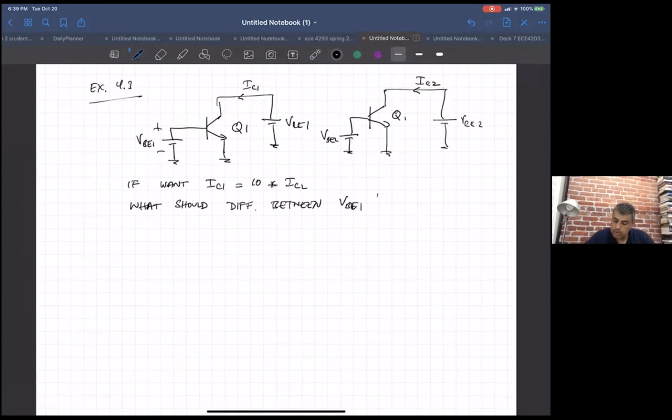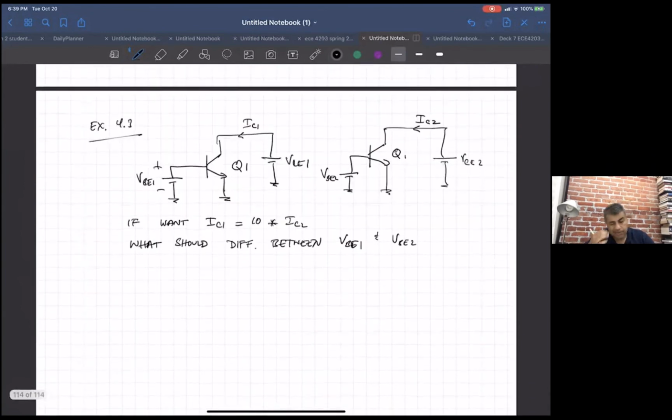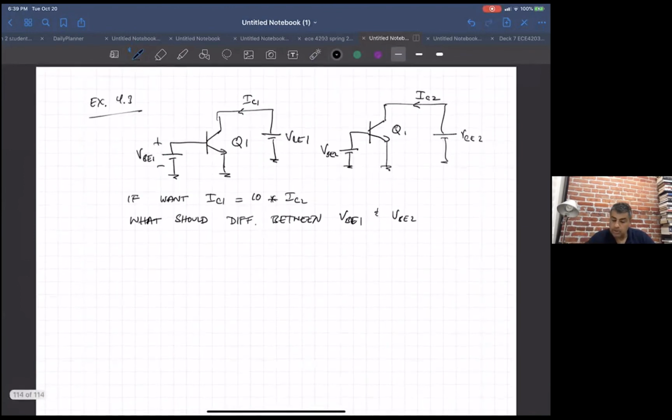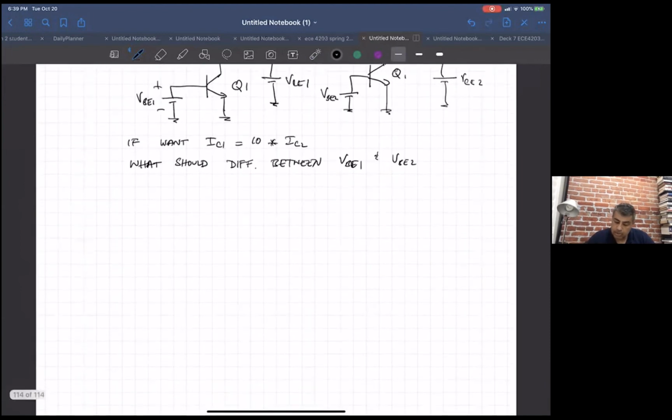Basically we want to see how much we have to increase VBE1 by compared to VBE2 to get 10 times the current. So we want to get a ratio between IC1 and IC2 to be 10. It's the definition of the problem.